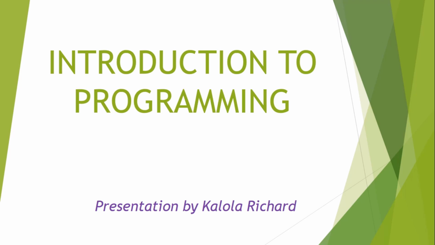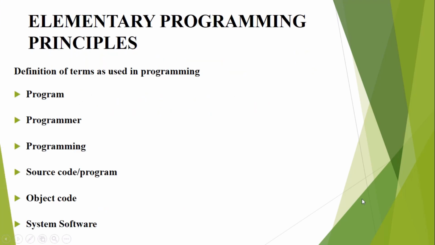The first thing we are going to learn is the elementary programming principles, and we shall start with the definition of terms as used in programming. The first term we are going to look at is a program. A program is an organized sequence of statements, or what we call instructions, that when executed cause the computer to carry out a defined task.